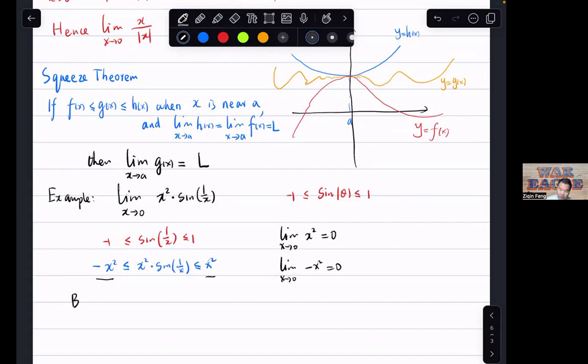By the squeeze theorem, we get that as x goes to 0, x squared times sine of 1 over x equals 0. This is a typical application of the squeeze theorem.